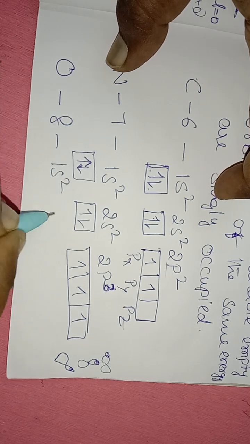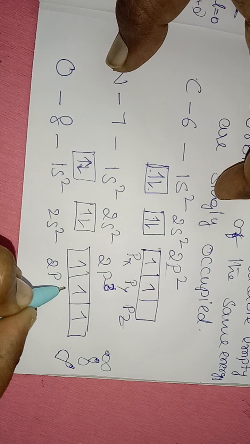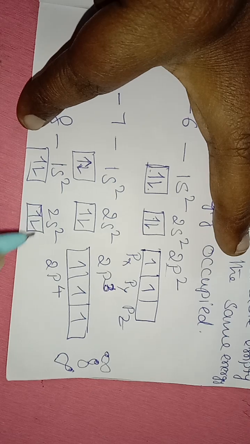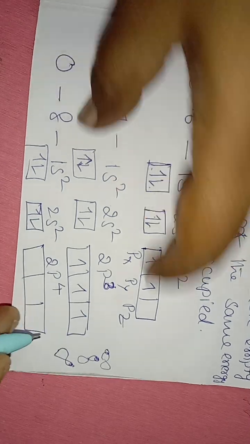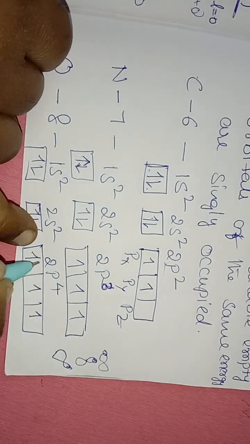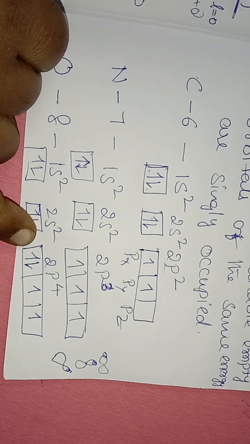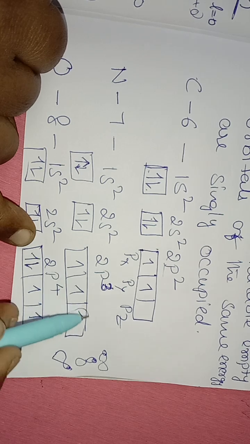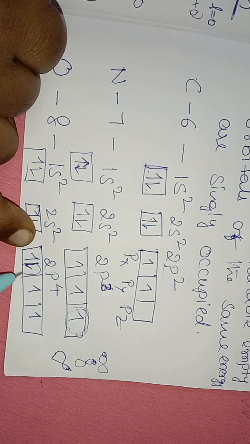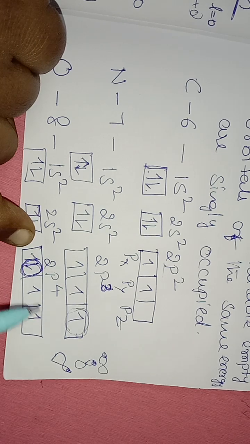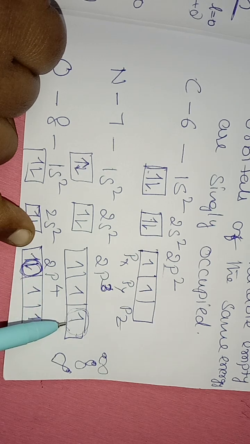Next, if you go with oxygen, 8 electrons. So 1s2, 2s2, 2p4. Right? So we know about this spin shape. If you come to 2p4, then the second electron comes into the same orbital like this. Okay, suppose someone is trying to remove one electron from here. Someone is trying to remove this electron. Which one requires less energy and which one requires more energy?